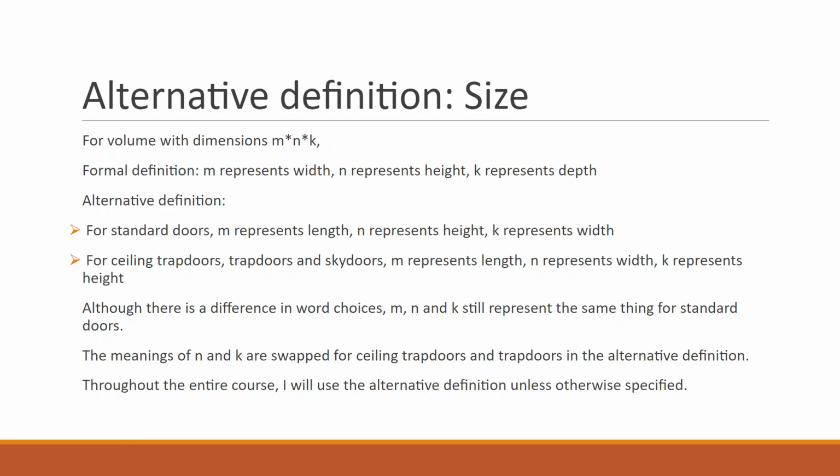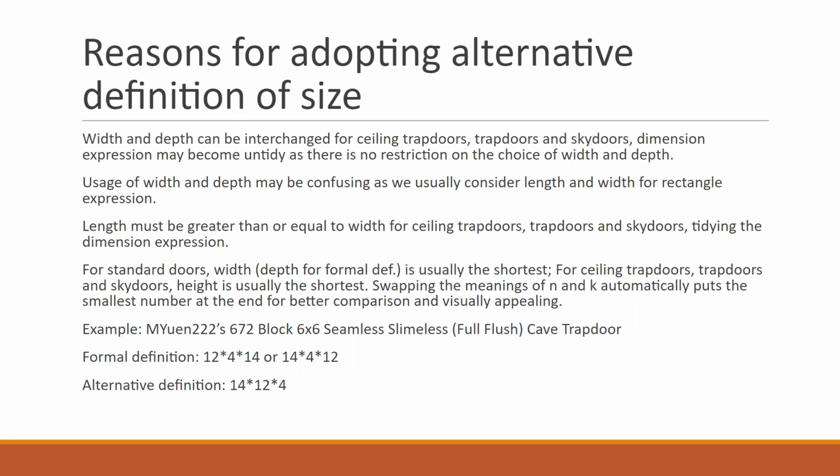There are some good reasons why I choose to use this alternative definition. Width and depth can be interchanged for ceiling trapdoors and sky doors, and the dimension expression may become untidy as there is no restriction on the choice of width and depth. Using width and depth can also make things confusing, as we usually consider length and width for a rectangle expression.